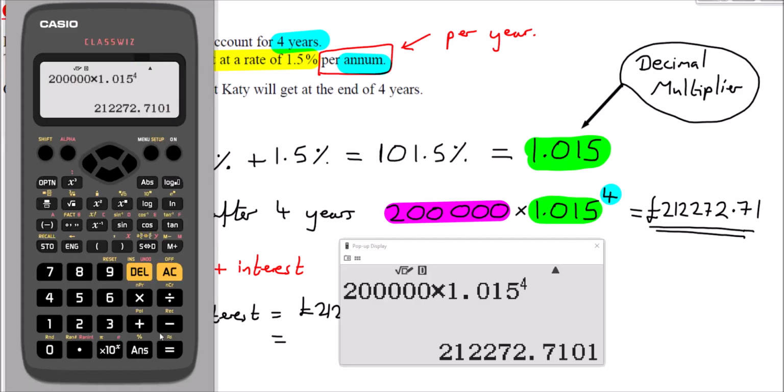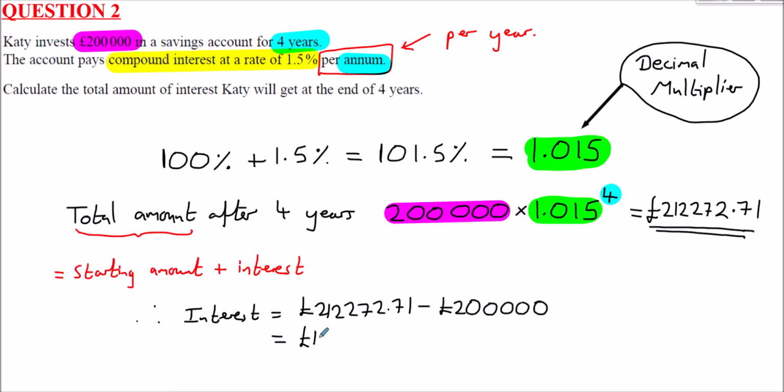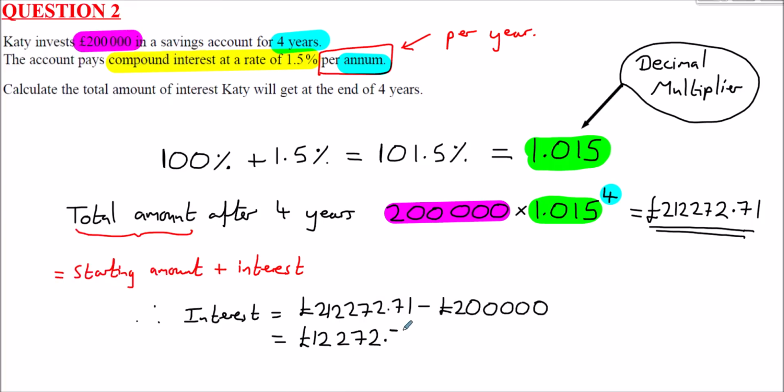So if we do that, minus off 200,000, we get this. So we get £12,272. Then of course for 71 pence at the end. And that's question 2 done.